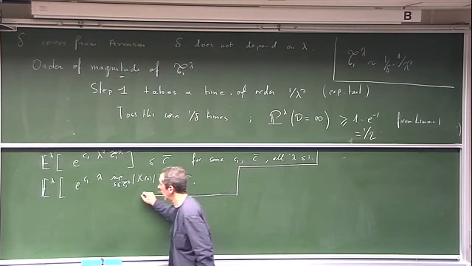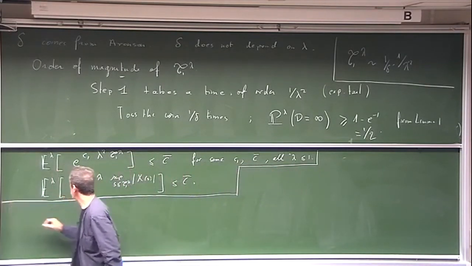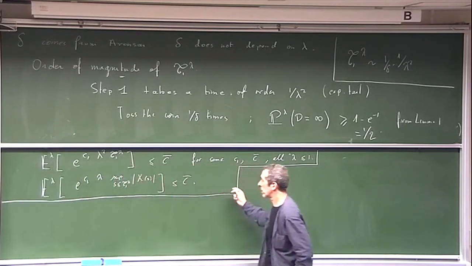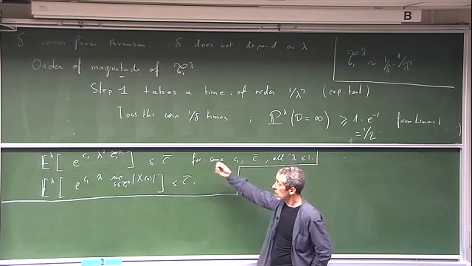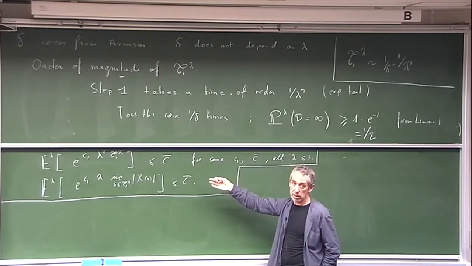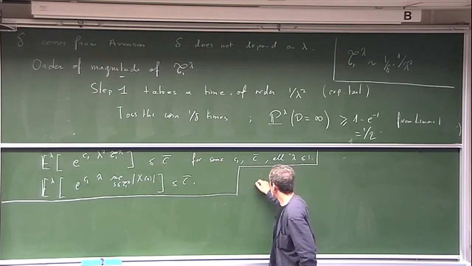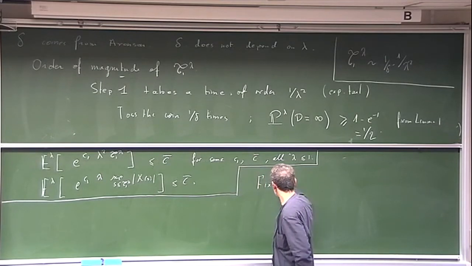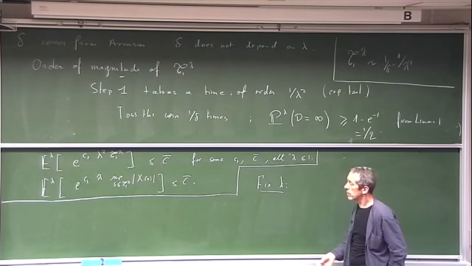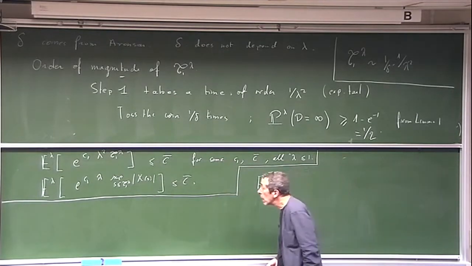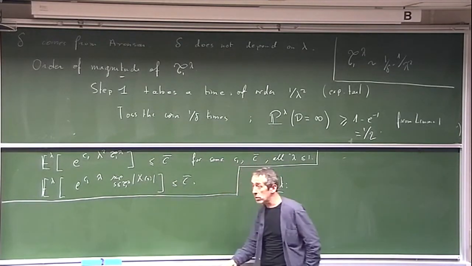Now, I write these estimates. I'm not going to use the full strength of these estimates. For the moment, I'm just going to use these estimates for a fixed value of lambda. Now, so you fix lambda, and then you see that tau 1 of lambda is finite. Not only is it finite, but it has a finite exponential moment. The position also has a finite exponential moment.